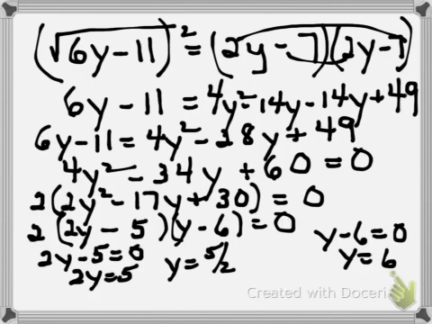So remember I said to be careful, even though 5/2 is a solution, it doesn't check. Always check your answer into the original equation, not where you simplified it. Don't start substituting it in down here. Substitute into the original and check and see if it works.